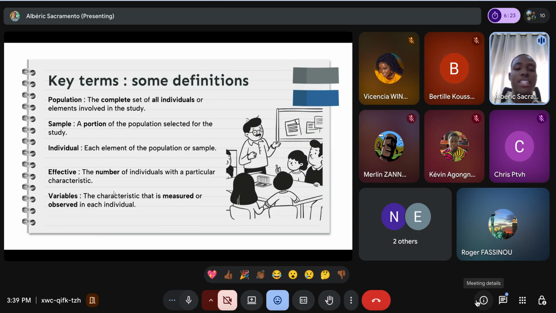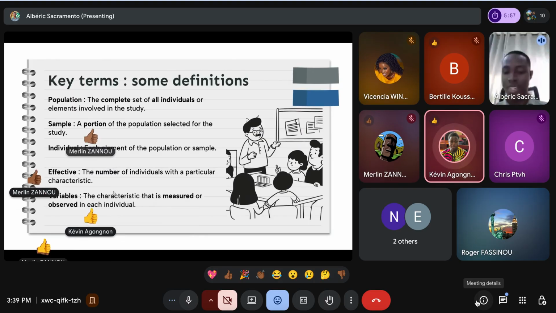Individuals means each element of the population or sample. Effective refers to the number of individuals with a particular characteristic, and then variables refer to that characteristic which is measured or observed in each individual. Can I continue? Do you follow me? Yes, you can. Okay.